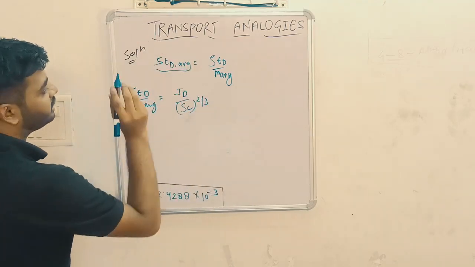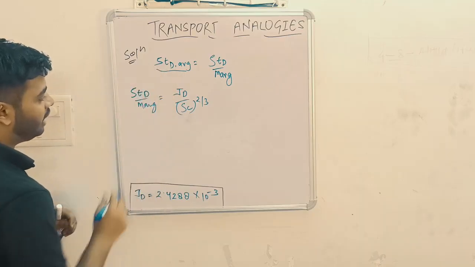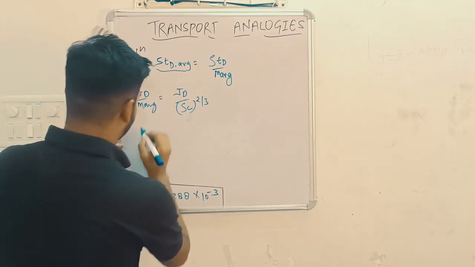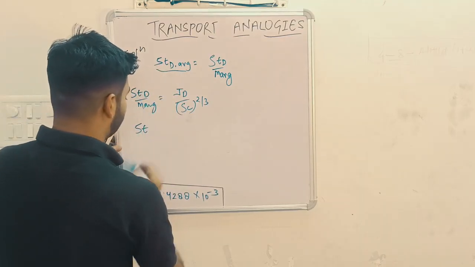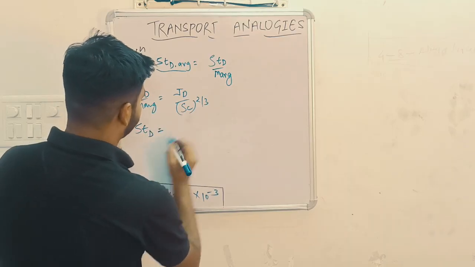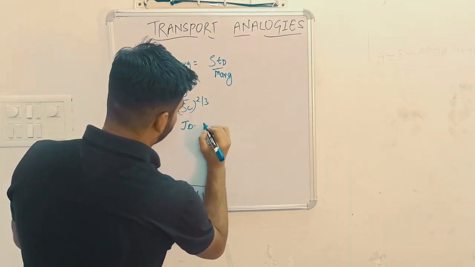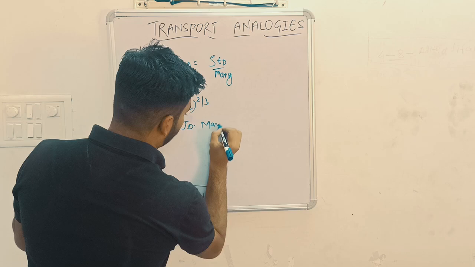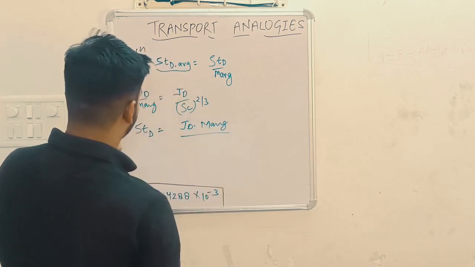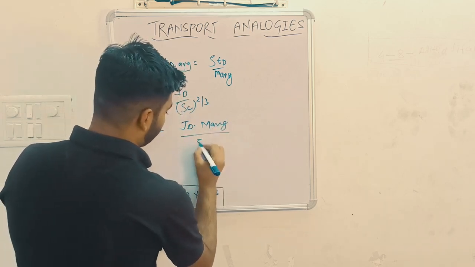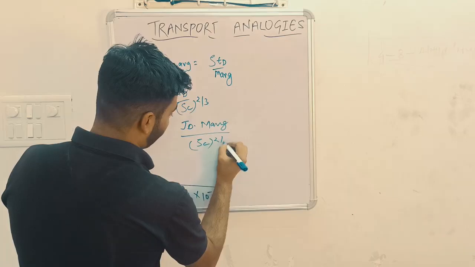Sorry for pronouncing this wrong. This is Stanton number, and we have to calculate Stanton number. So the final expression for Stanton number will be JD into average molar mass of air, and Schmidt number power 2/3.